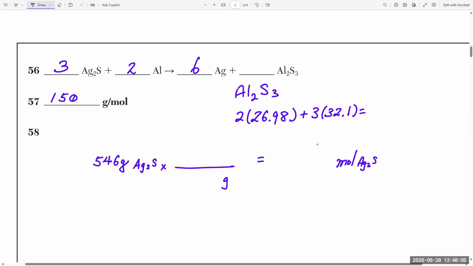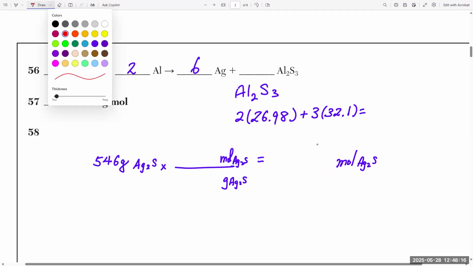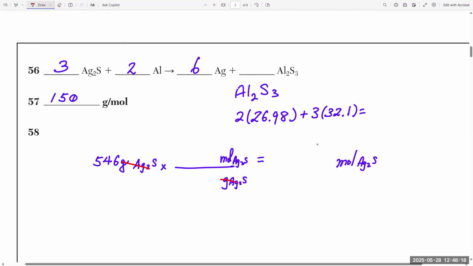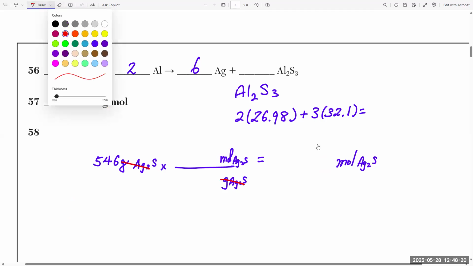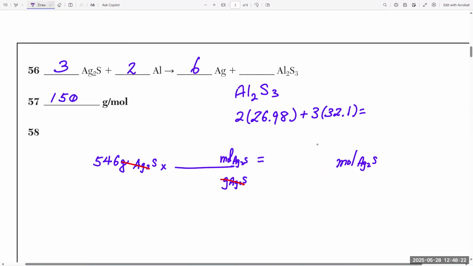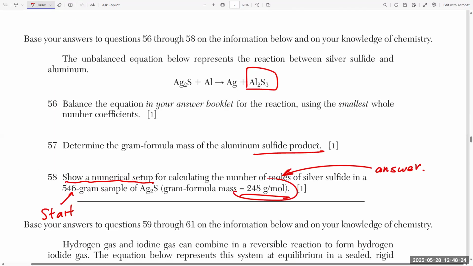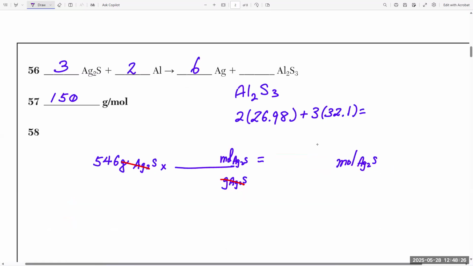We want to get rid of grams down here, right? And then you want moles of silver sulfide, which means that in terms of units, this will cancel that. So we're good to go. So the question is, do we have this value? And the answer is yes, we do, right? They gave it to us right here, right?